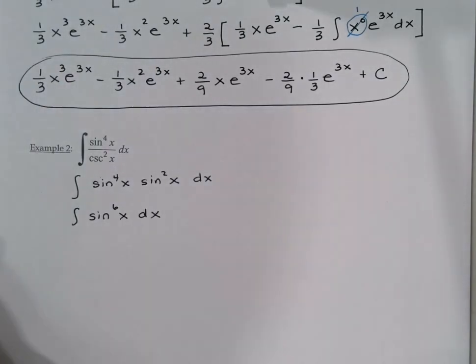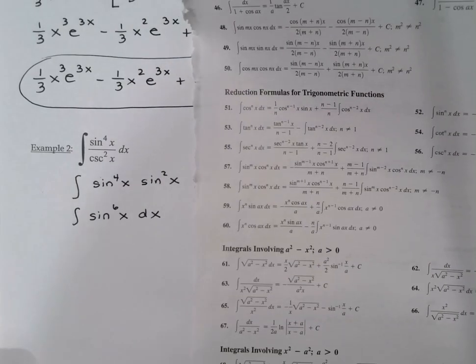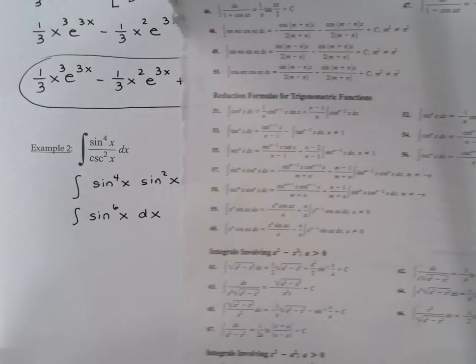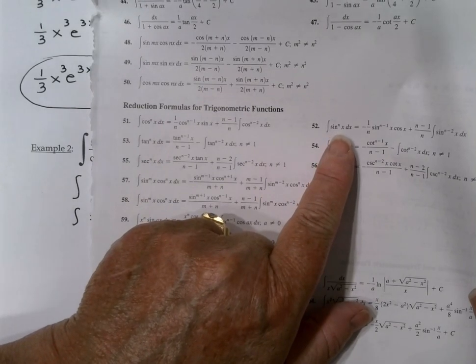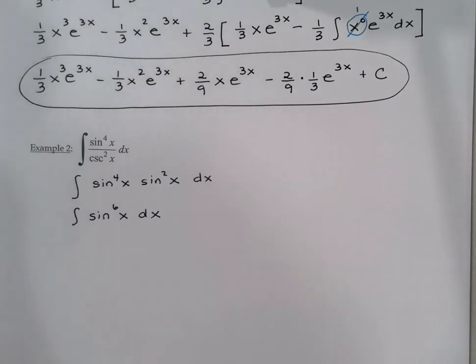With reduction formulas, since that's the stuff I told you we were doing. Here they are. And it looks like, actually over here, we've got sine to the n power here in number 52. So let's see what we can do with that.